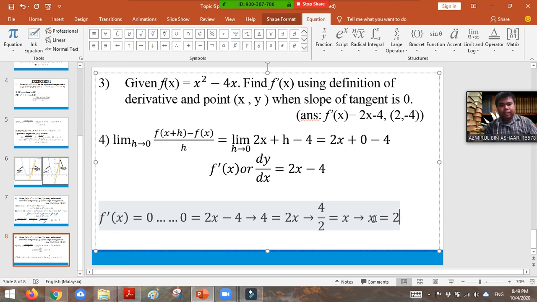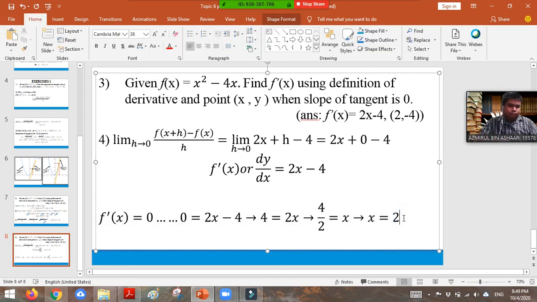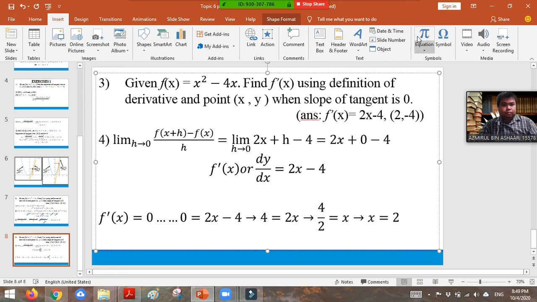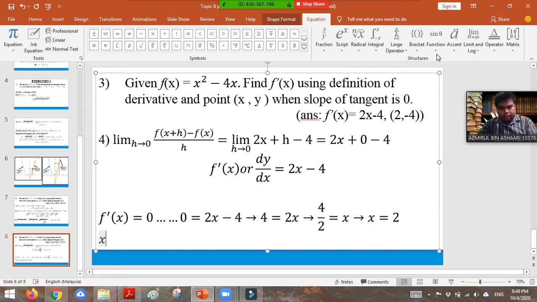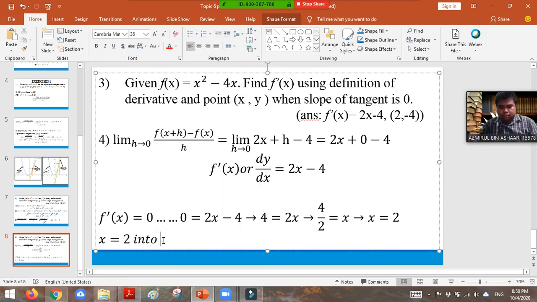Since you already know that x equal to 2, just substitute into this one.